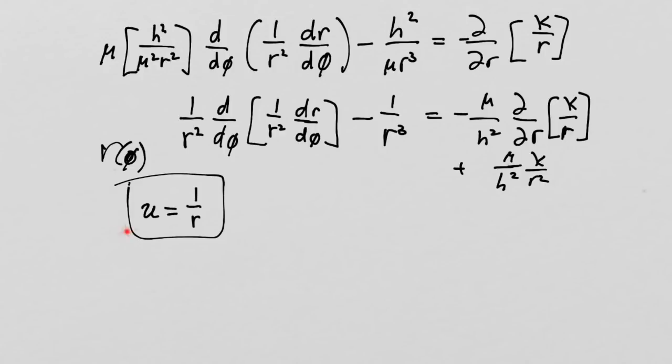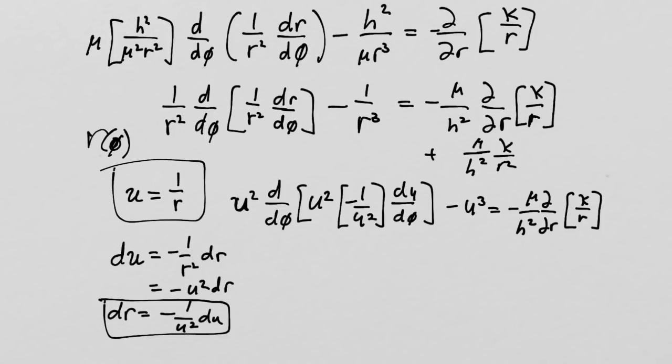Now, in this case, we're going to make the substitution u equals 1 over r. And that will convert this differential equation into something a lot easier to understand. So I'm working on this replacement. This becomes u squared. The d phi stays the same. The 1 over r squared becomes u squared.